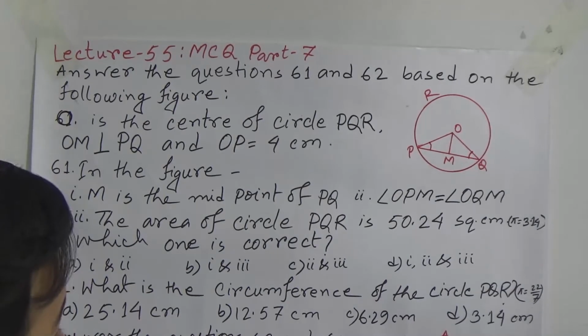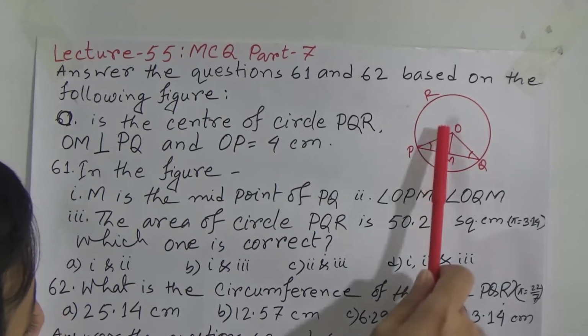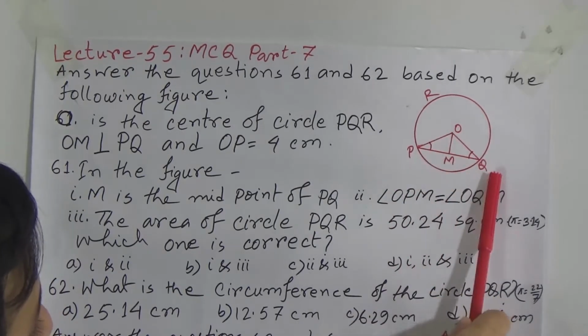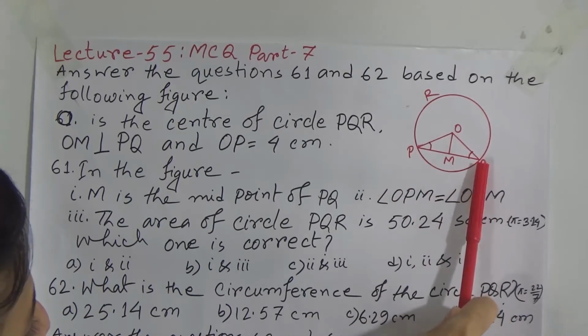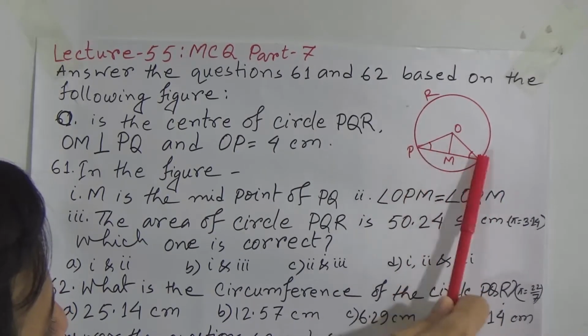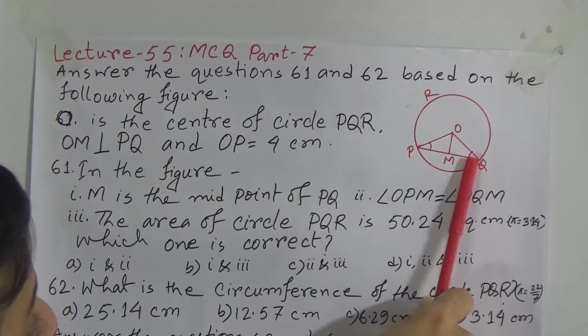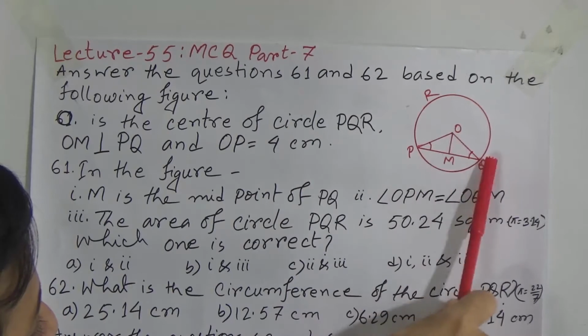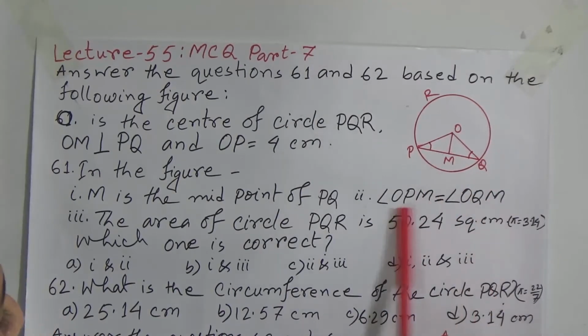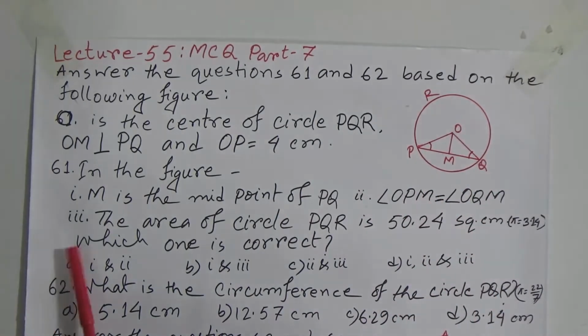As these two sides of triangle OPQ are equal, the opposite angles of these two sides will also be equal. So angle OPM and angle OQM are also equal. So statement 2 is true or correct.